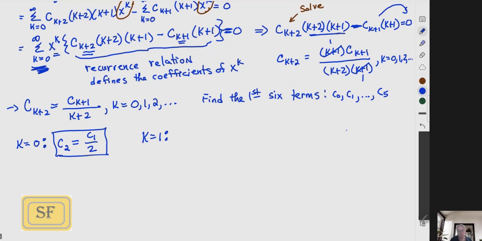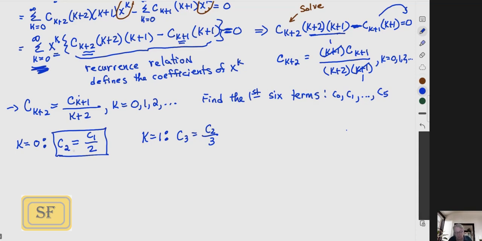For k equals 1, I'm going to get c sub k plus 2, that's c sub 3, equals, when k is 1, I get c sub 2 over, and then k is 1, so 1 plus 2 is 3. I get c sub 2 over 3.